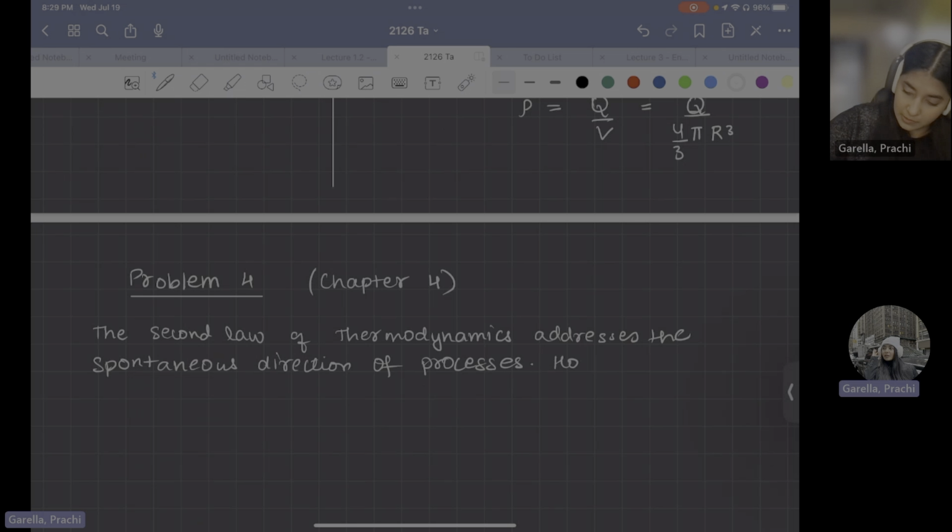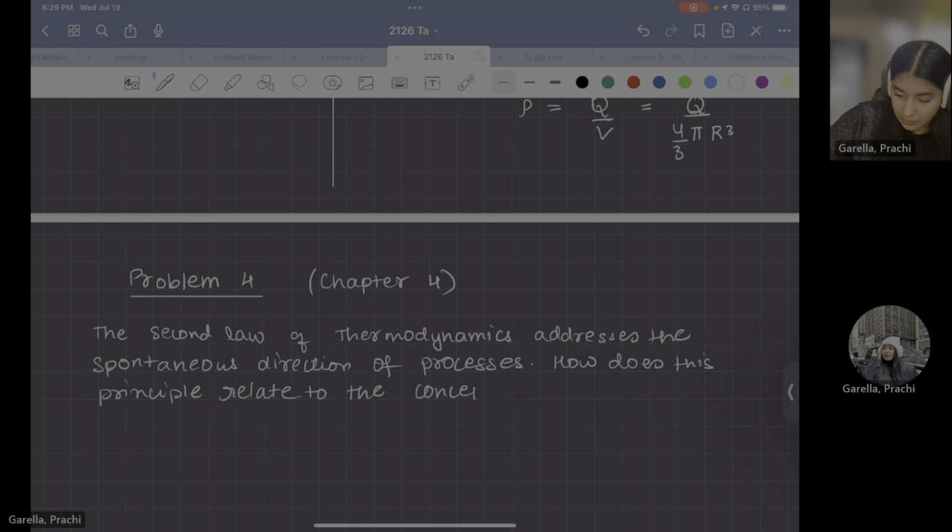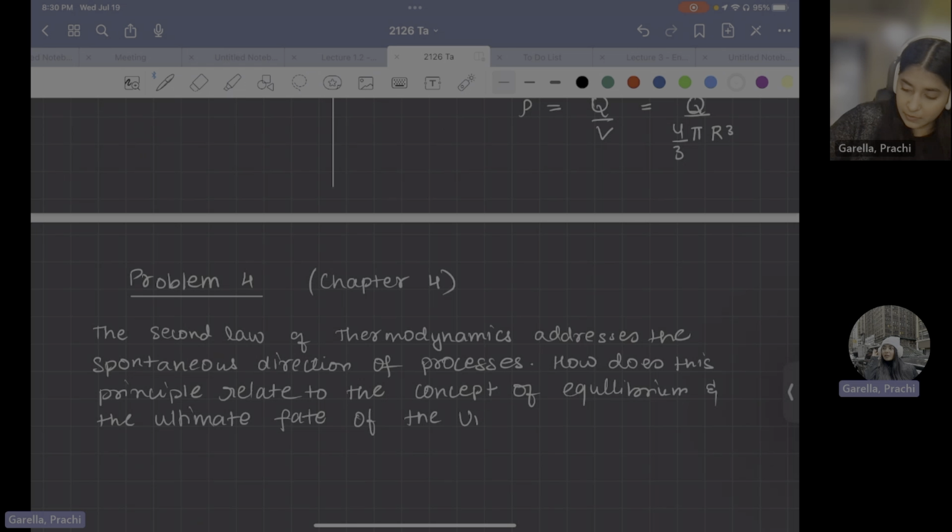How does this principle relate to the concept of equilibrium and the ultimate fate of the universe?